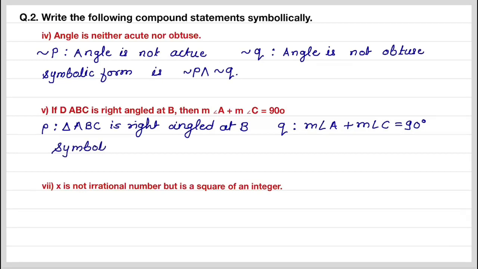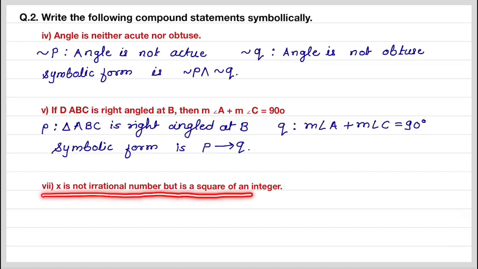And symbolic form is P implies Q. Have you understood this? Good. We will move to example number 7. That means example number 6 you have to do. You have to try and write me in comment box.